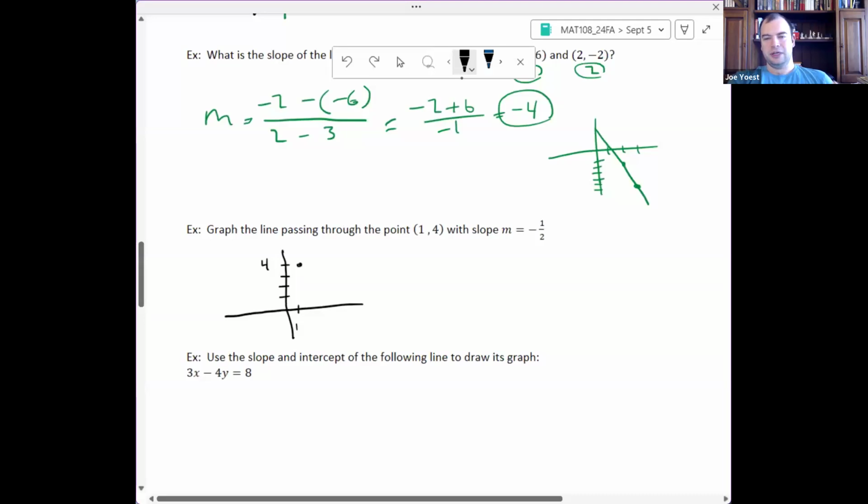And I know that for each 1 unit I go to the right, I'm going to go down half a unit. Or for each 2 units I go to the right, I'm going to go down 1 unit. So I'm going to go through 3 comma 3. And if I go 2 more units to the right, I'm going to go down 1 more unit, 5 comma 2.